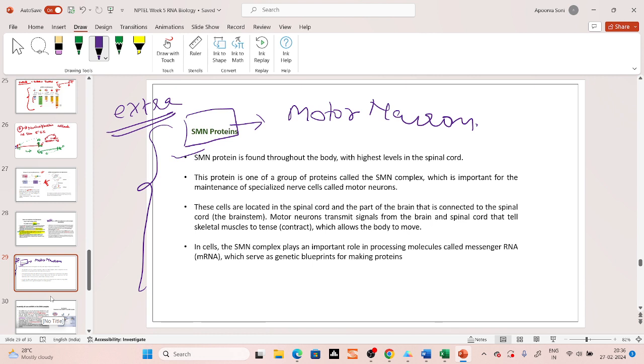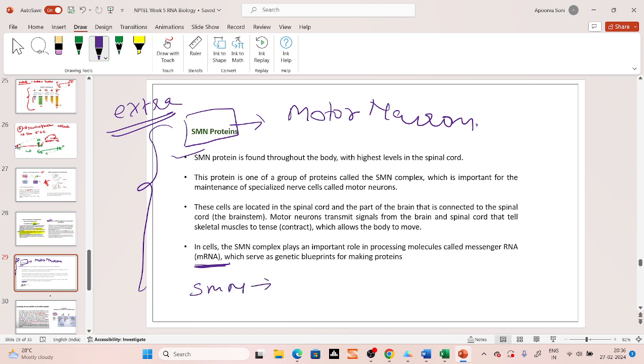They are present in the spinal cord and are required for the maintenance of motor neurons. But why are we studying SMN in the RNA biology chapter? Because the SMN complex plays an important role in the processing of mRNA. These SMN proteins are required for mRNA processing.